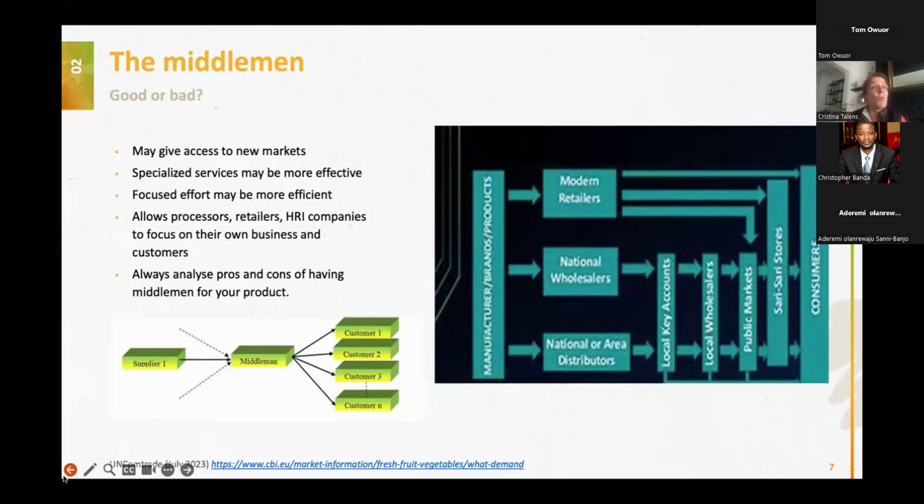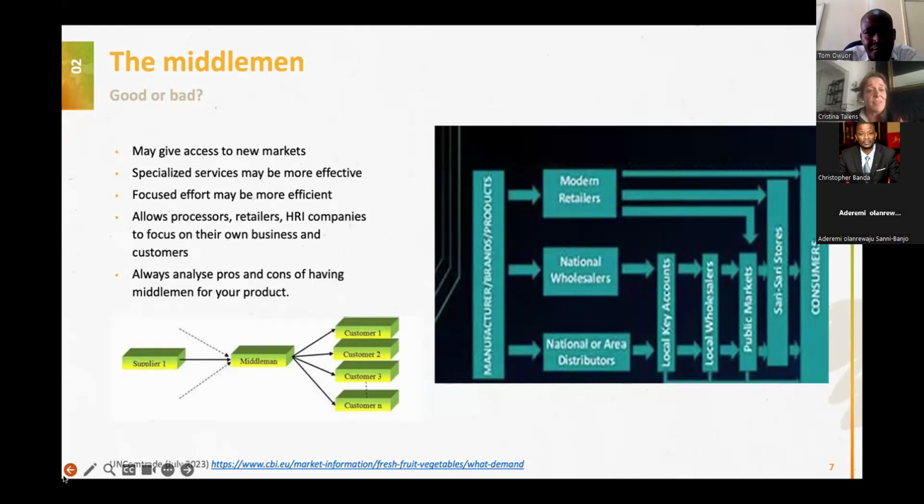Sometimes they already have the customers at the end, and this is particularly true on international and regional markets. They may already know which retailers they're going to provide your product to, and so they may just be buying from you and give you access to that market, which is very different. It's difficult to access new markets, so if you've got a client already at the end, that's perfect.